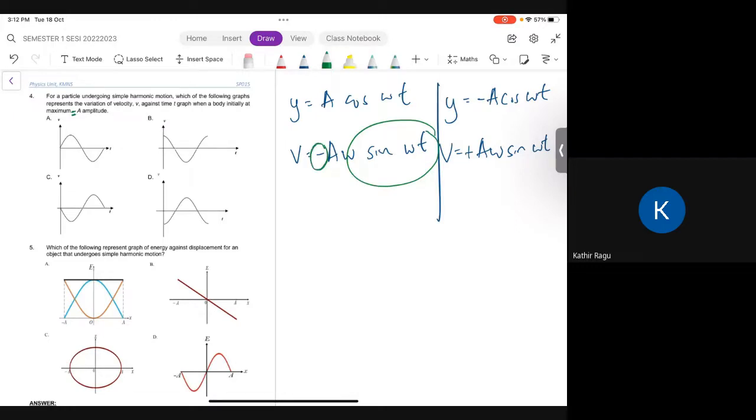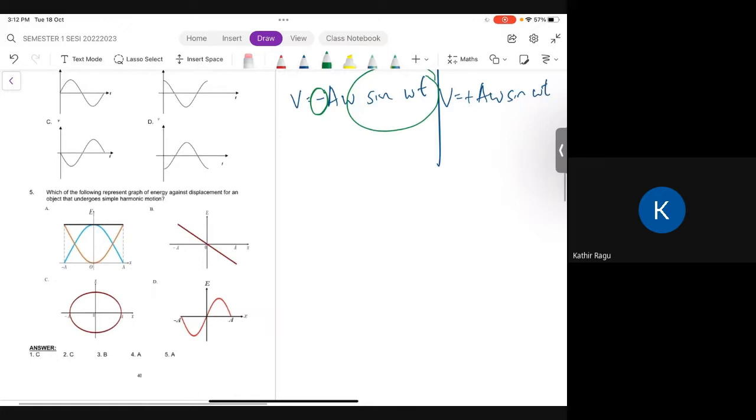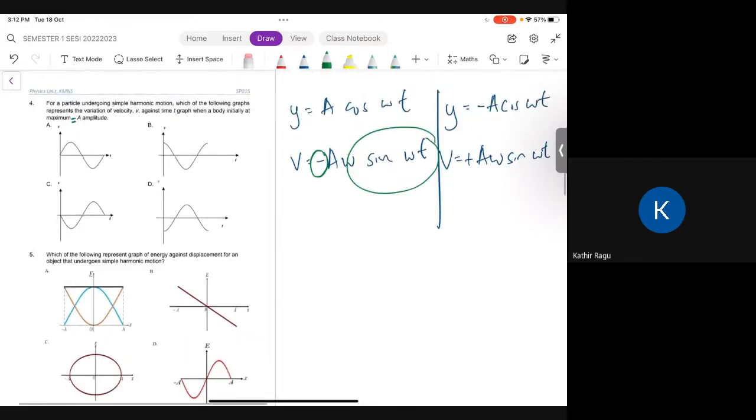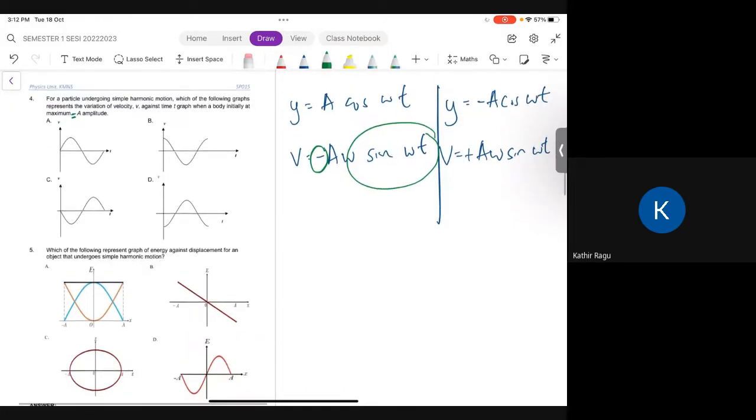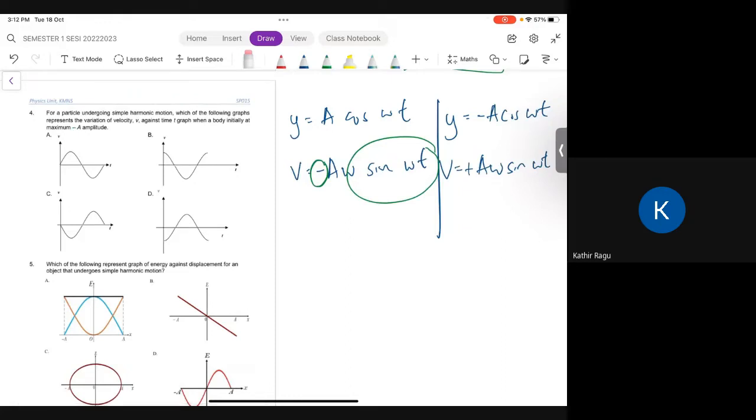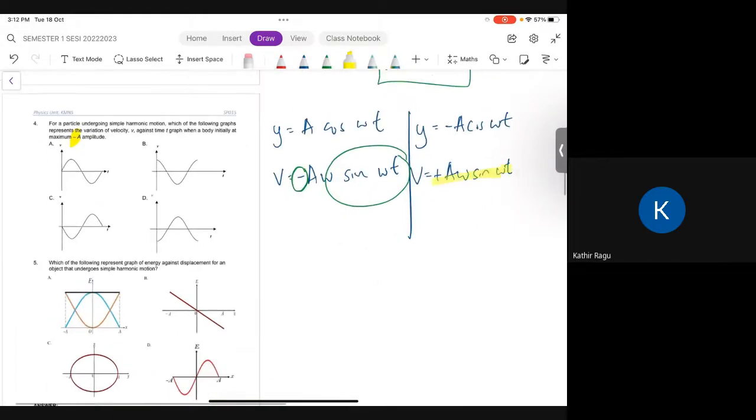So jawapan dia adalah C. Betul ke jawapan dia C? Jawapan dia A. Oh, kalau jawapan dia A ni betul-betul negatif lah ni. Ini negatif. So yang ni kita pakai yang belakang ni. So jawapan dia A. So negatif A. Itulah kena be careful lah ni.